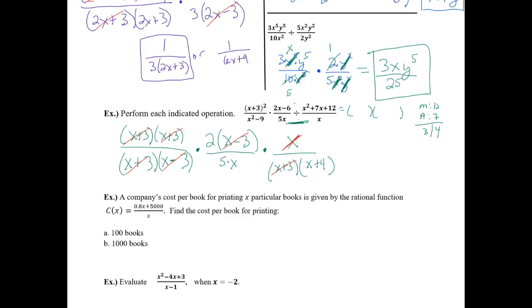One of the x's divides out, and that looks like all we can do. In the numerator, the only thing I have left is a 2. In the denominator, I have a 5 and x plus 4. So you could leave it like that or distribute the 5.